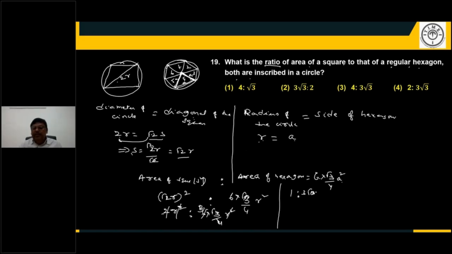I'm sorry, it is 1 is to 3 root 3 by 4, which means the 4 comes here. It will be 4 is to 3 root 3.